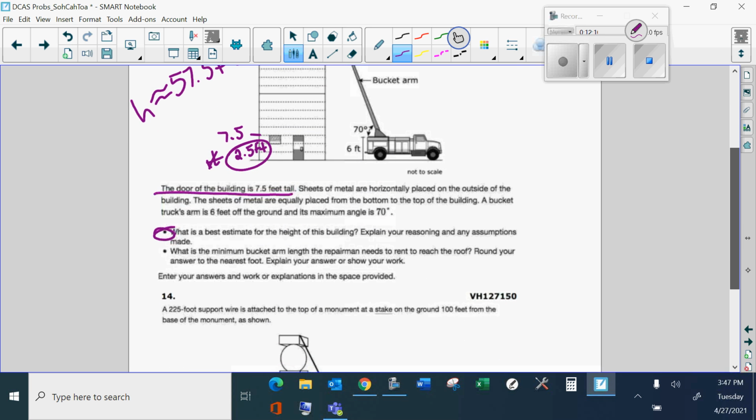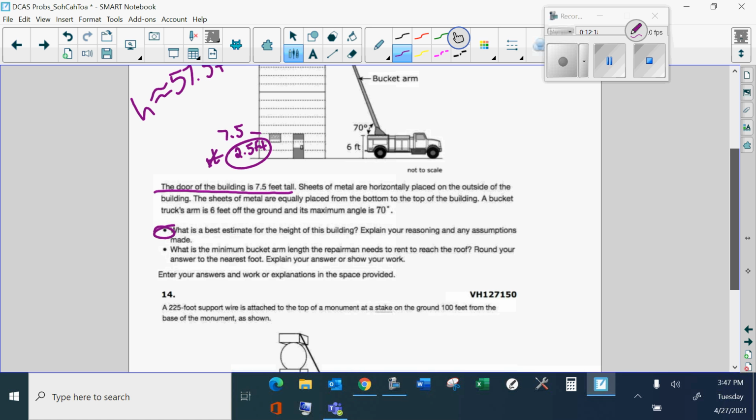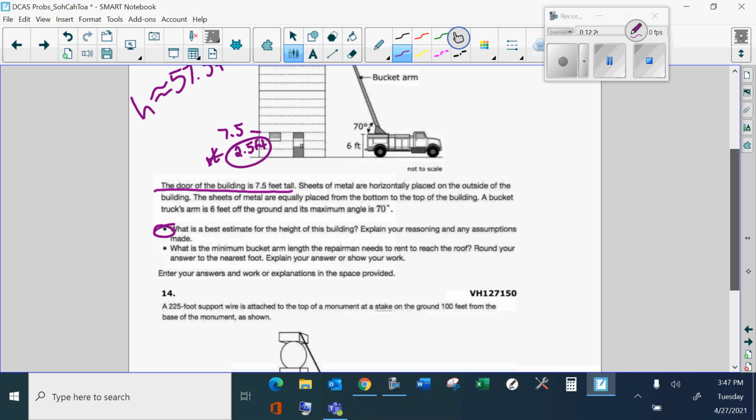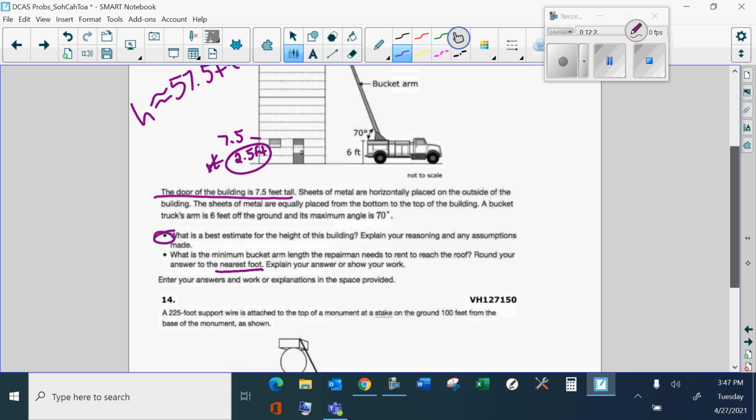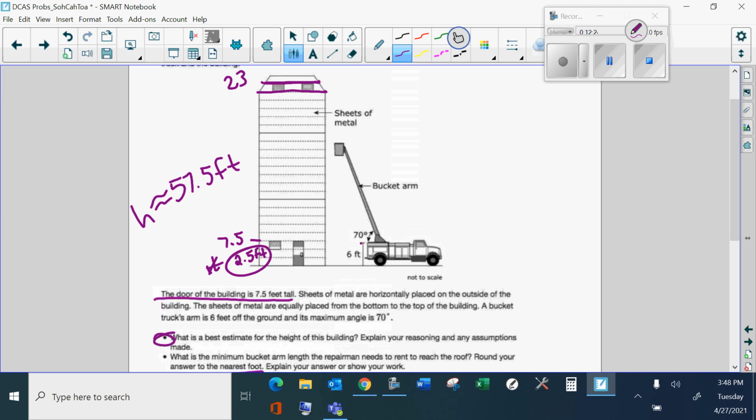What's the minimum bucket arm length the repairman needs to reach the roof? Round your answer to the nearest foot. Explain your work. So this is already 6 feet off the ground right here. Okay, so we know that's 6 feet. So we subtract off that 6 feet, and we get 51.5 right here.